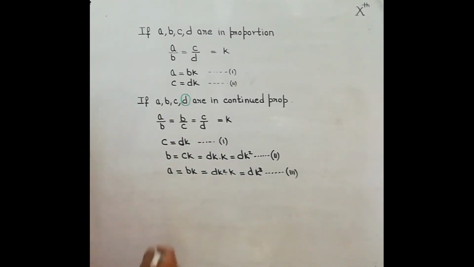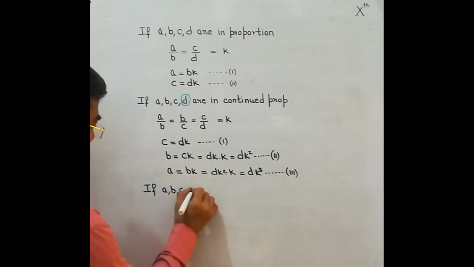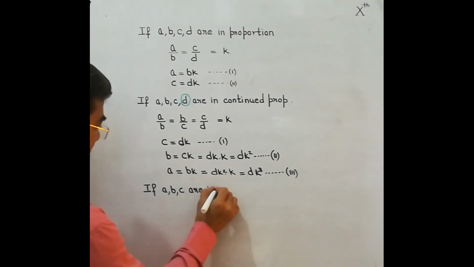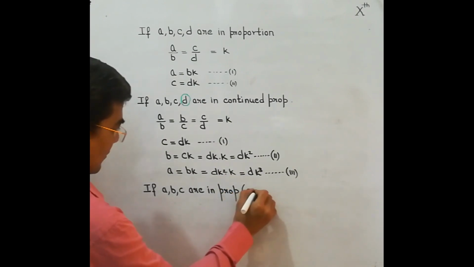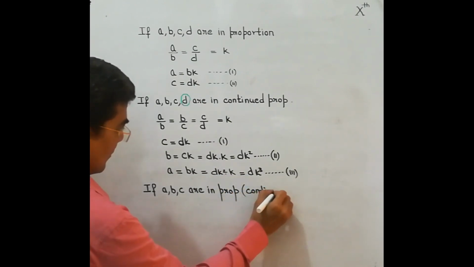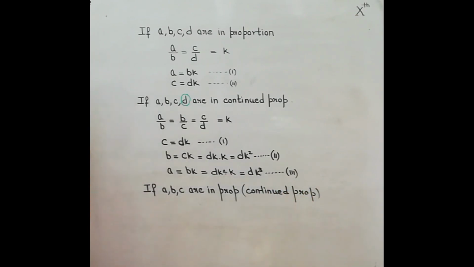But if there are 3 terms A, B, C, whether they say A, B, C are in proportion or in continued proportion, the meaning will remain the same.